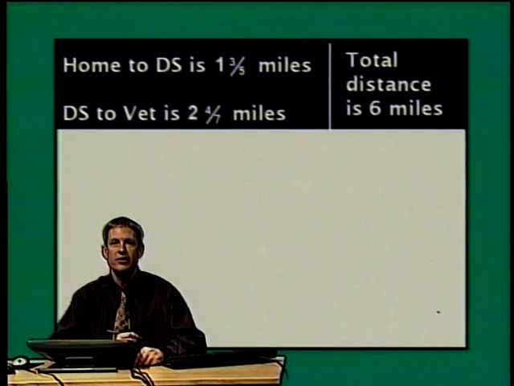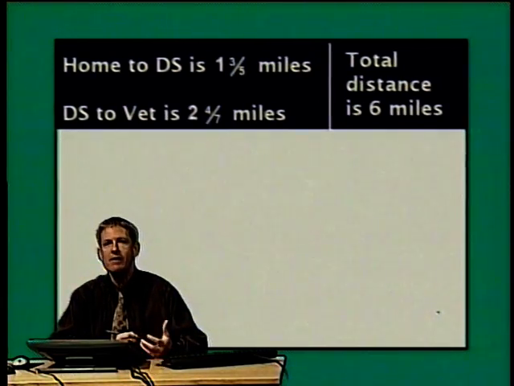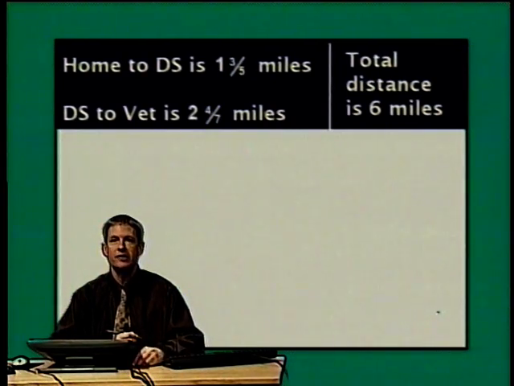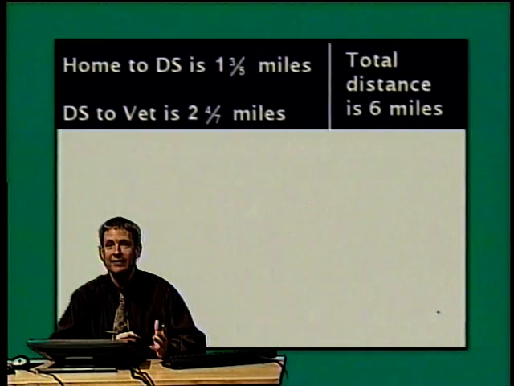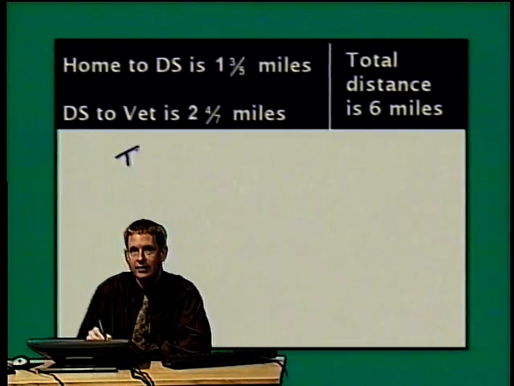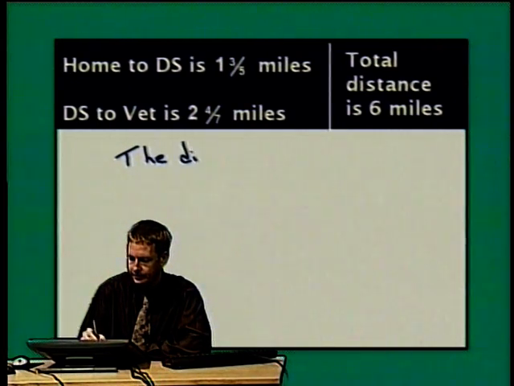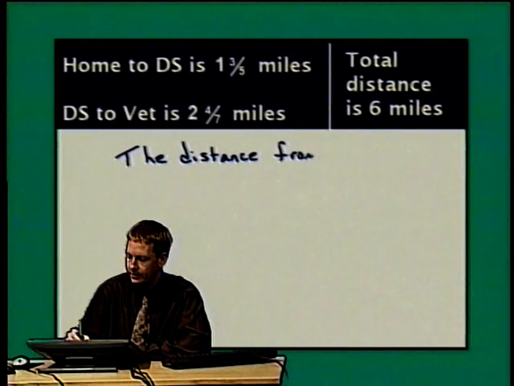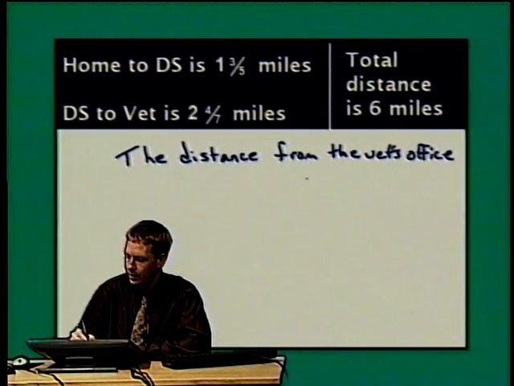The first thing we want to do is make sure we clearly convey what it is that we found. Now, I could just say distance is, but that doesn't clearly convey the distance that I found. The distance that I found is the distance from the vet office to Sandy's house.